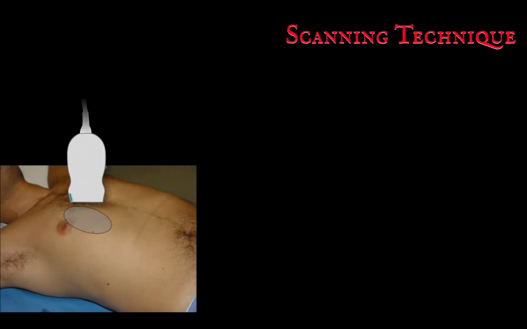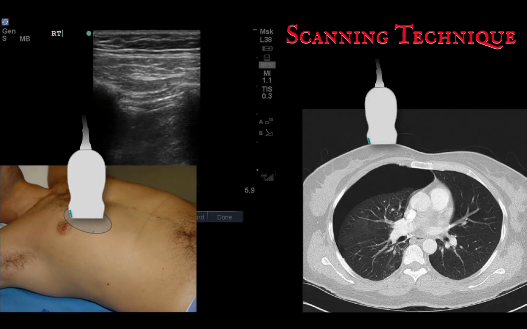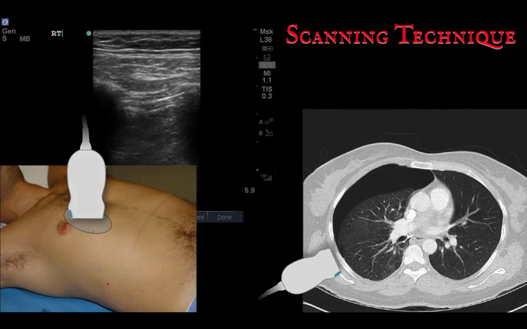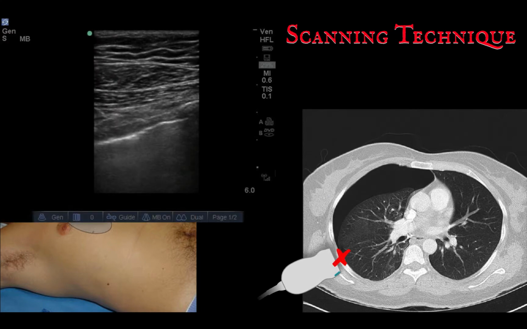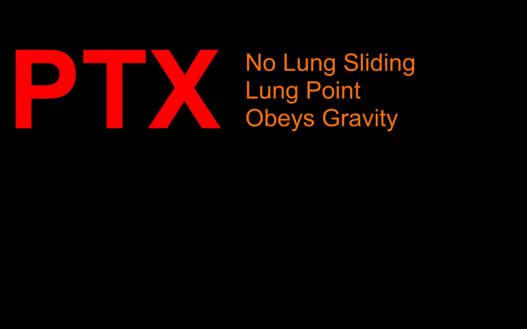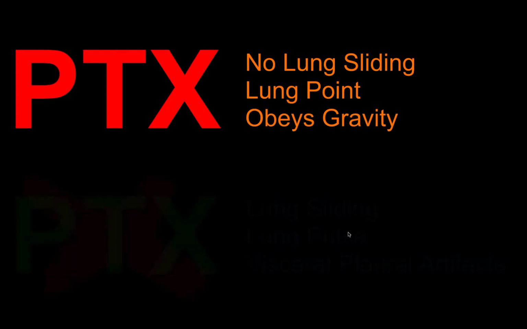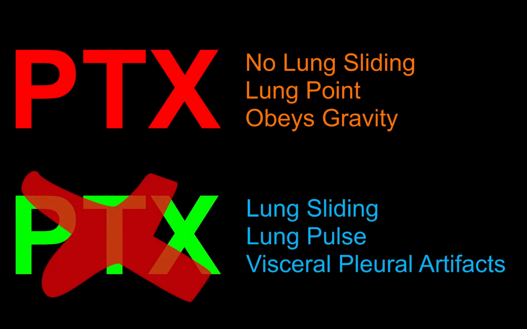Once again, summarizing the scanning technique, start at the anterior chest, go up and down to find an area of no lung sliding, and if you see this, go down in order to find a lung point. Remember that pneumothorax should really be suspected in patients with no lung sliding, with a lung point, and make sure that that lung point obeys gravity. Pneumothorax is ruled out if there is lung sliding, if there is a lung pulse, or if there are any of those visceral pleural artifacts like B or Z lines.